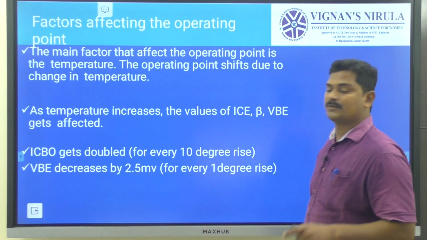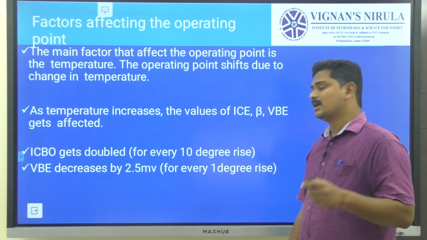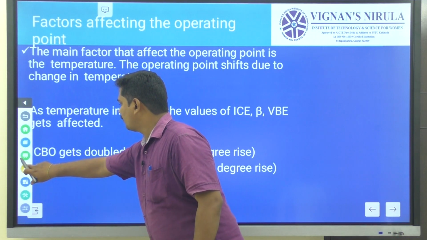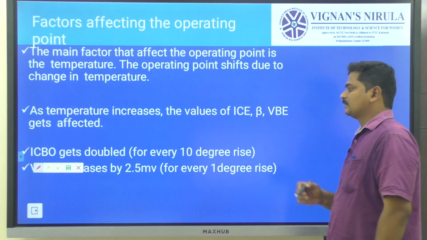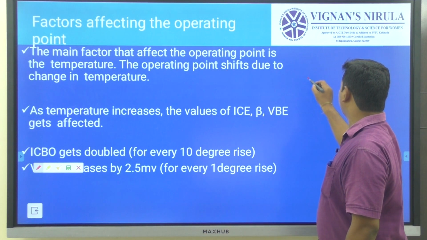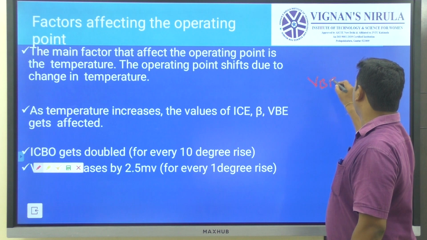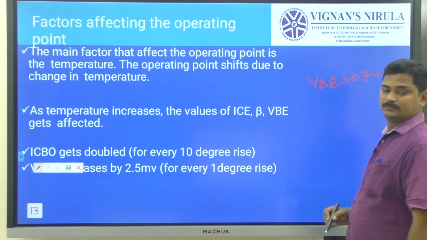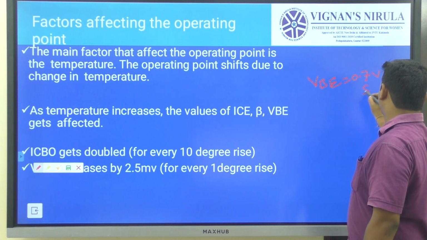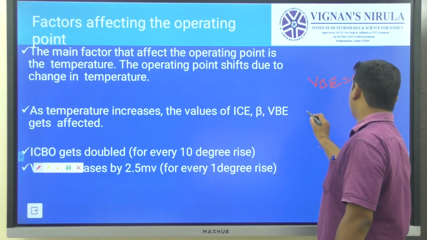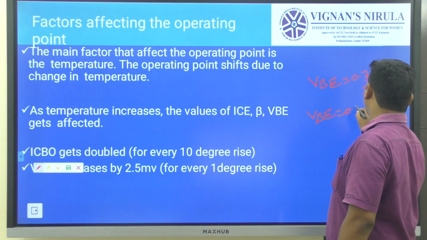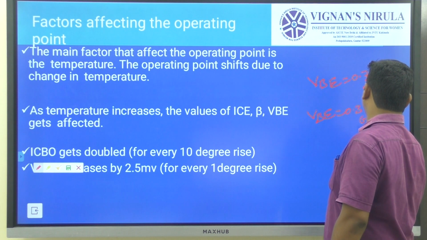Now the VBE, the voltage across the base and emitter. Generally, at a constant room temperature, the value of VBE will be 0.7 volts for silicon, and the value of VBE will be 0.3 volts for germanium.